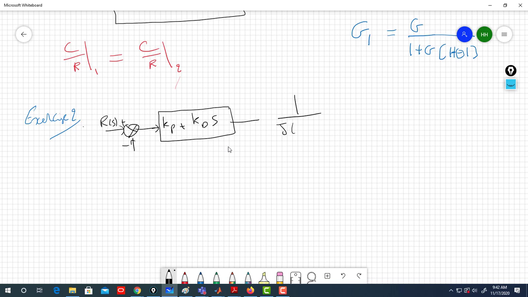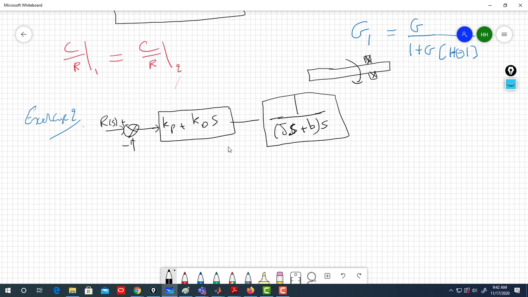So 1 over S(JS plus B). Assume you have a bearing on your shaft that's rotating.